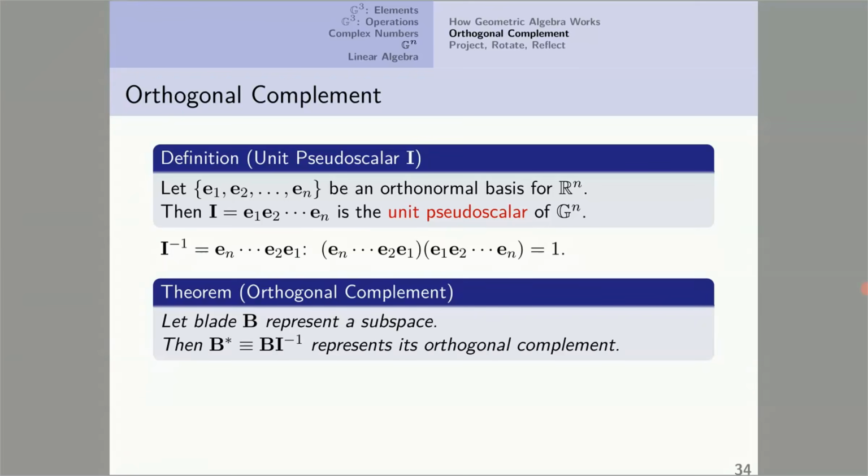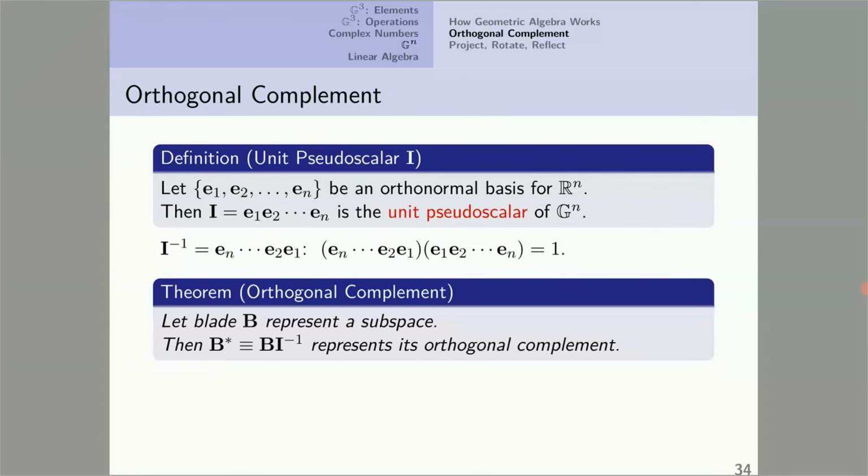Now for the theorem. Let a blade B represent a subspace. Then B star, which is called the dual of B, and which is defined to be B times I inverse, represents the orthogonal complement of the subspace.